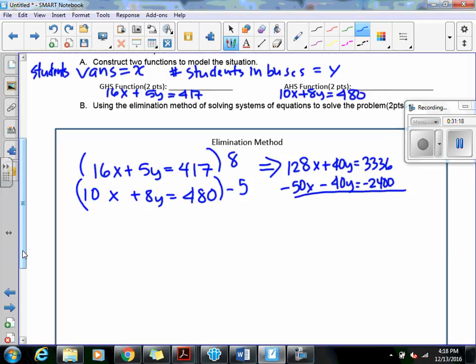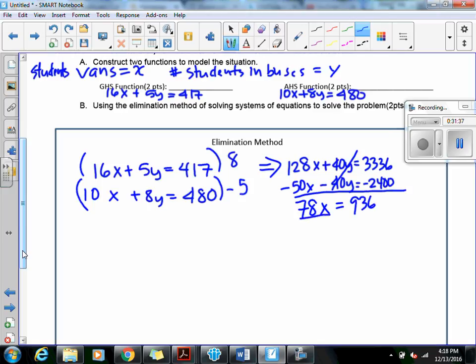So by adding, sometimes I have to actually subtract if the number's negative. So 128 minus 50 ends up giving me 78x. That goes bye-bye. 3336 minus 2400 gives me 936.